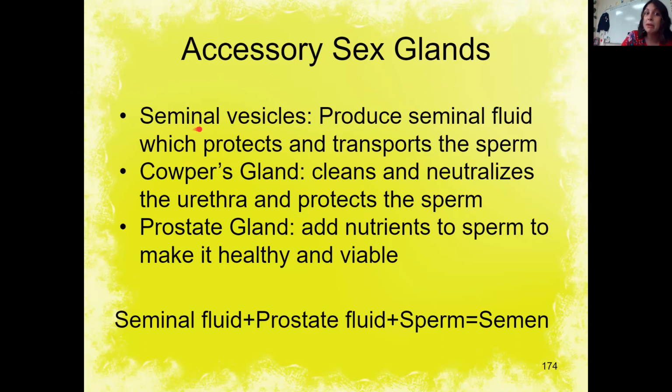Seminal sounds kind of like semen, right? Well, seminal vesicles produce a fluid that we call seminal fluid. And as the sperm is making its way through the male reproductive tract, seminal vesicles are putting in a little bit of seminal fluid to protect the sperm, because the sperm's got a long journey.